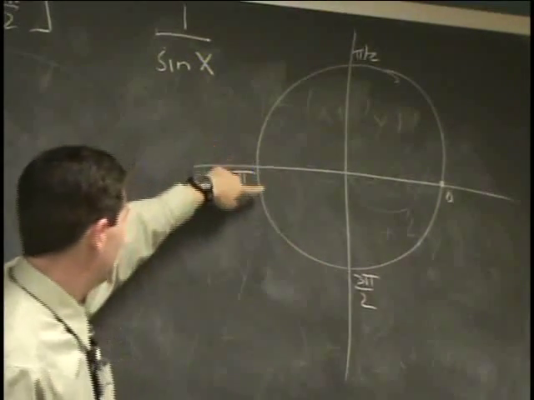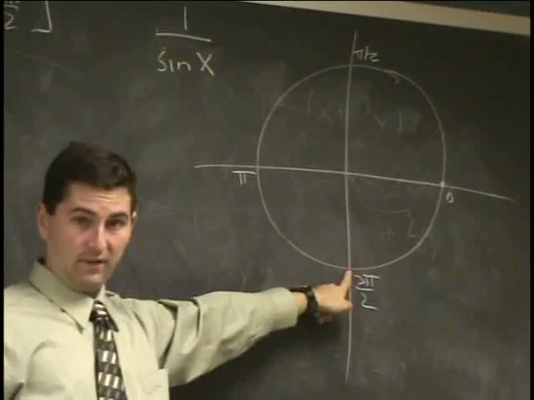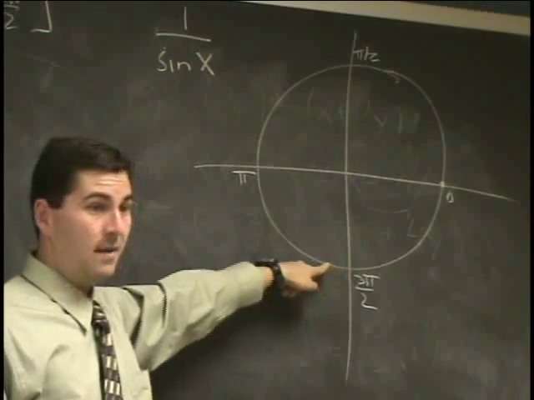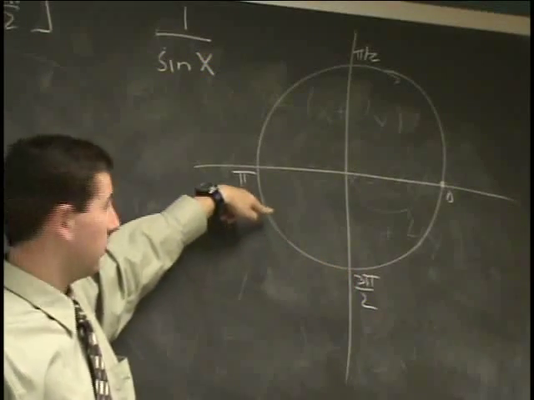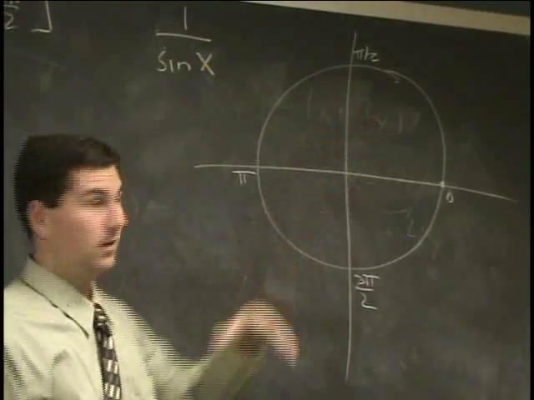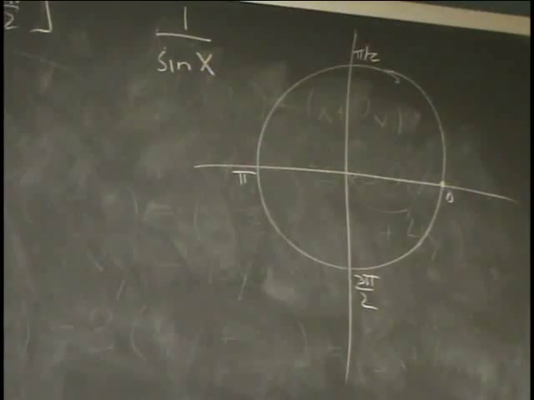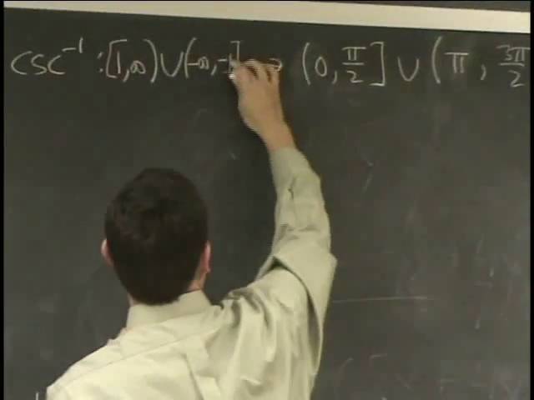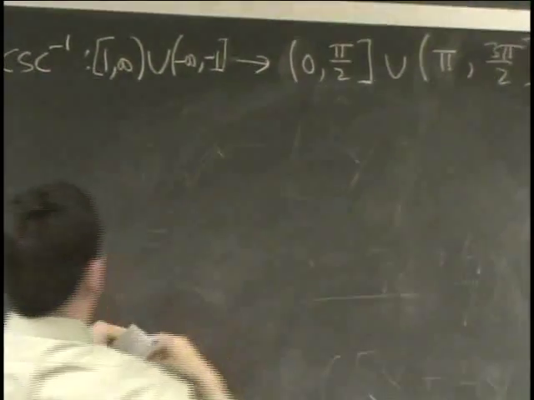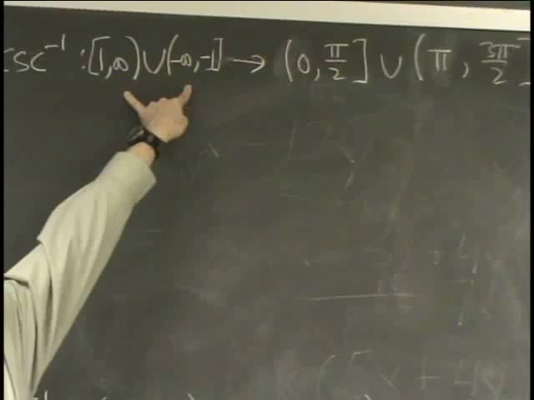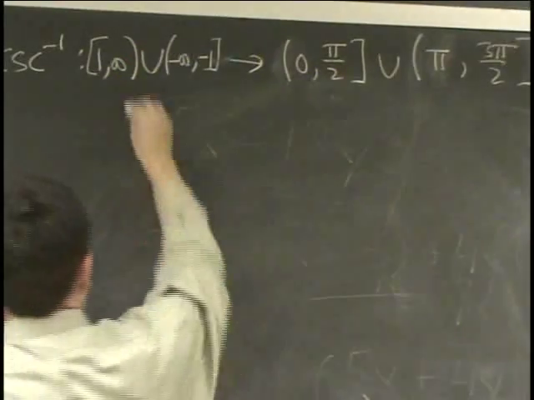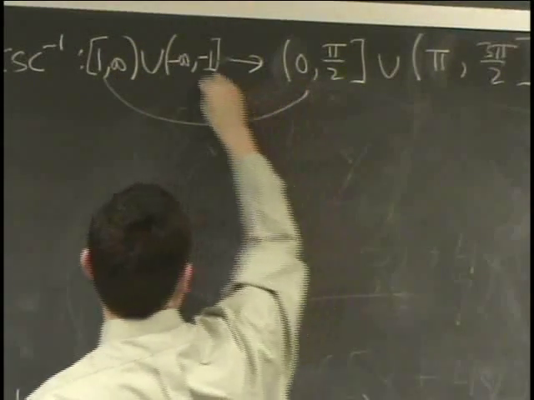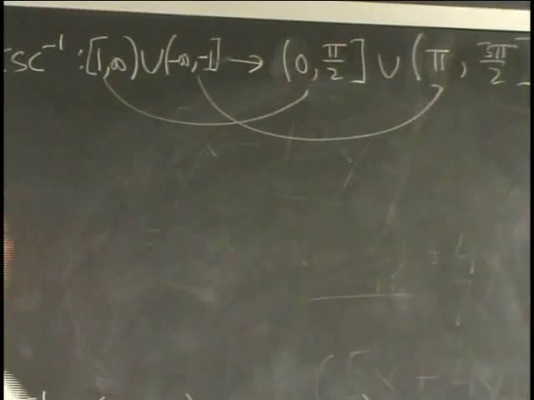At this point it's going to give you negative 1, and then the denominator is getting really, really small, so it's going to blow up and go to negative infinity. So this is also going to give you negative infinity and negative 1. Of course, usually you write this backwards, but I put it this way because this corresponds to that, and this corresponds to that.